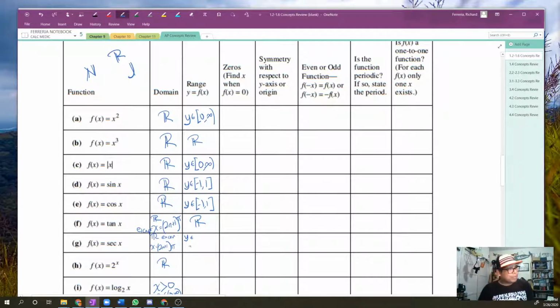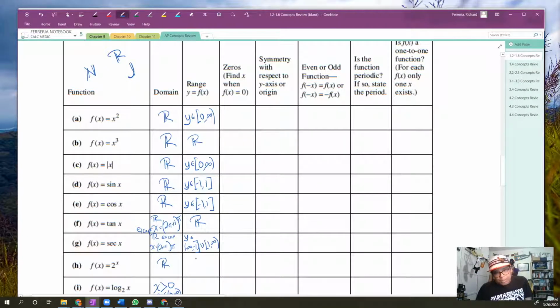So we need to have a set that includes all positive numbers from positive 1 to positive infinity and from negative infinity to negative 1. So that looks like negative infinity to negative 1, bracket, union with 1 to positive infinity. They don't really give you a whole lot of room to write here, do they?